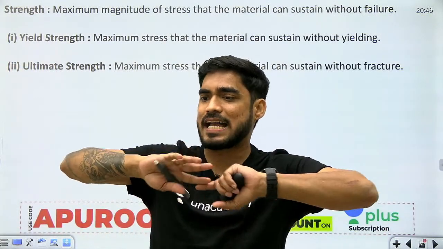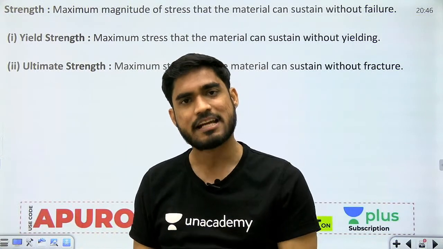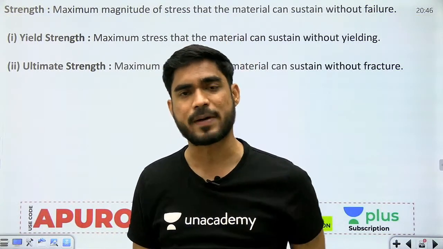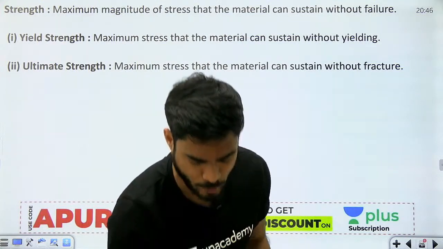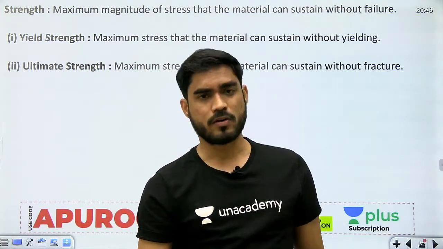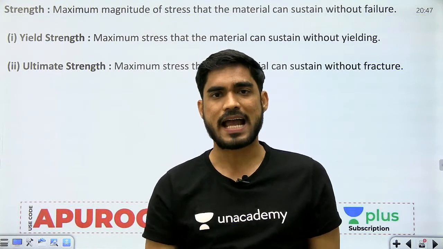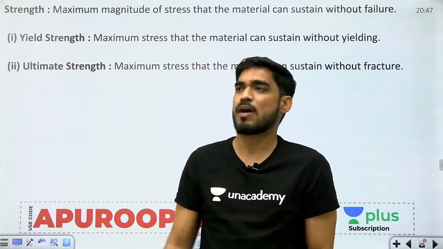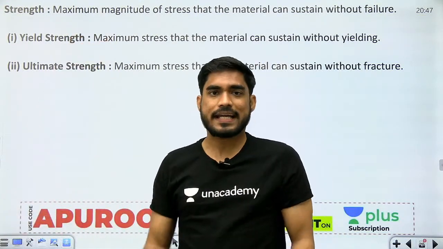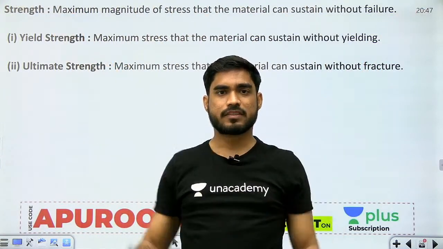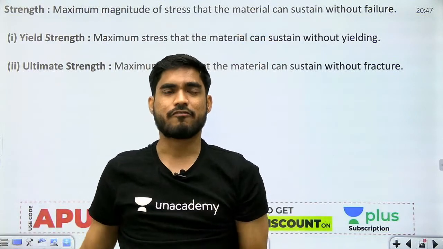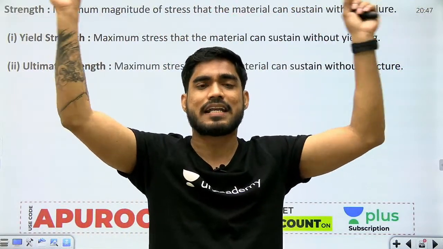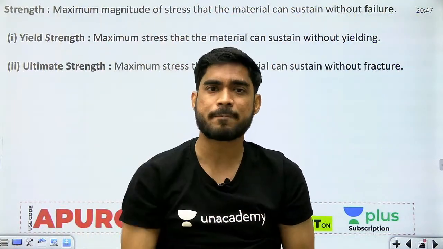And if the shape and size of the component is going to change, will it be able to function properly? क्या वो अपना काम ढंग से कर पाएगा? Will it be able to function properly? No, it will not be able to function properly, right? For example, let's say you have made a column, okay? It is supporting the beam. Now, if the column deforms, will it be able to provide the necessary support to the beam?